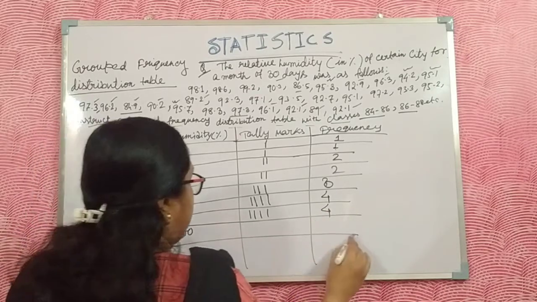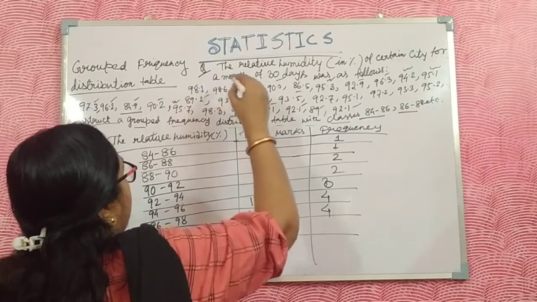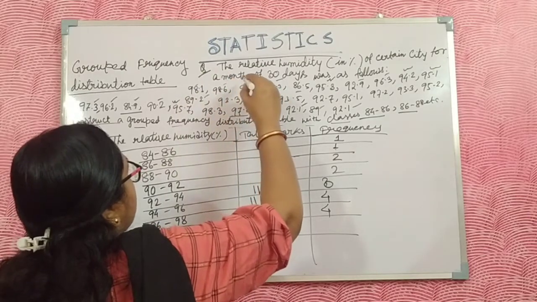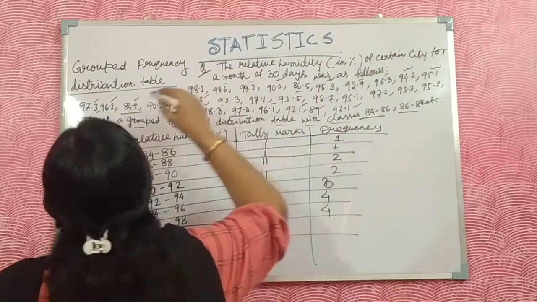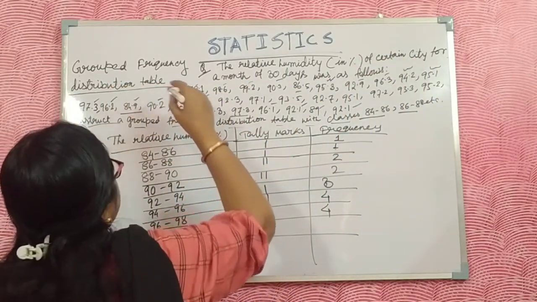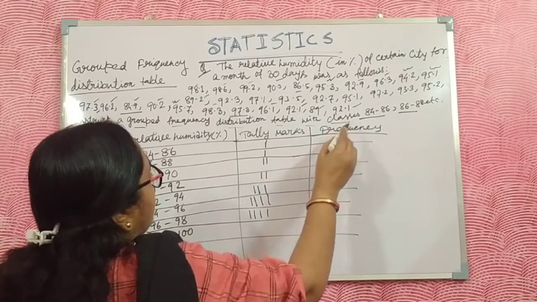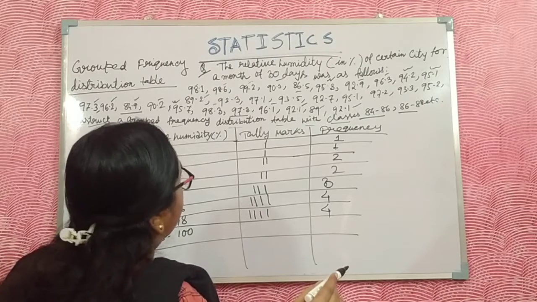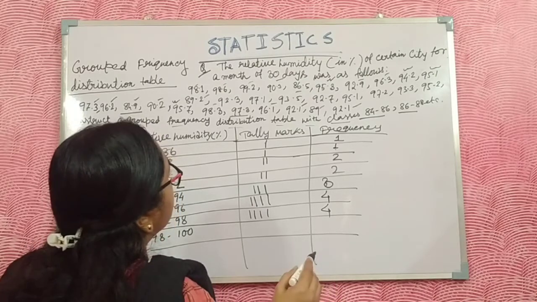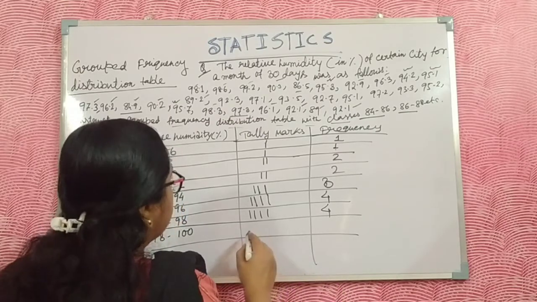And then the last one, 98 to 100, is 1, 2, 3, 4. Here also 98 to 100, here also 98 to 100, here also 4.